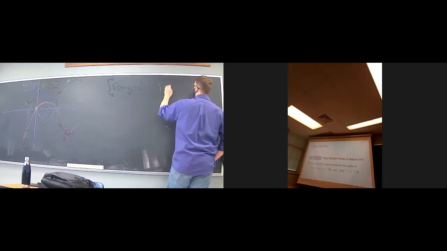So since we have to break up our integration into two different parts, what we're going to do is say, all right, this first part is the integral from x equal to -2 to 0 of f of x minus g of x dx, plus the second part, which is going to be from 0 to 2 of g of x minus f of x dx.